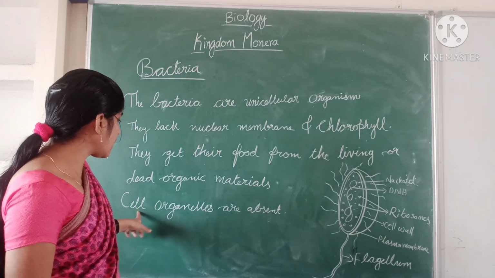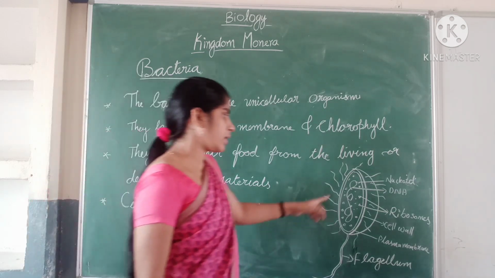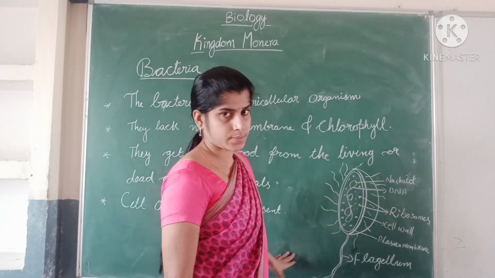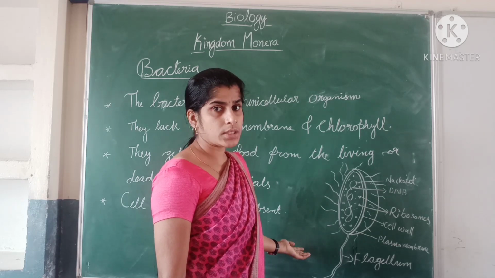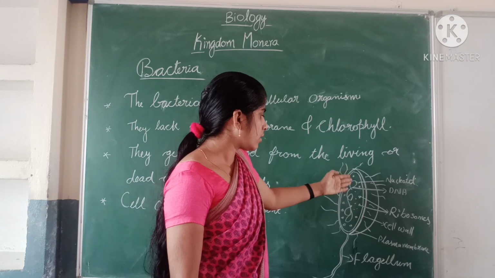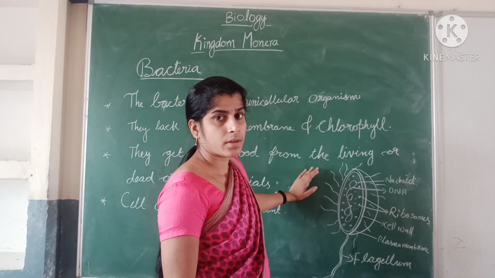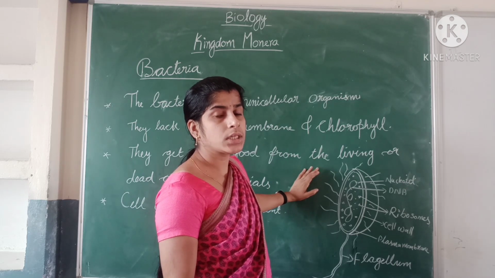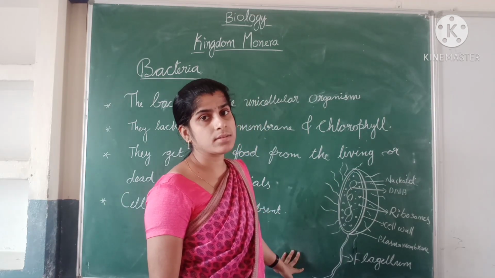And next, cell organelles are absent. There are no cell organelles: no mitochondria, no Golgi bodies, no endoplasmic reticulum. With the nuclear membrane not there, mostly all the cell organelles are absent in the bacterial cell.